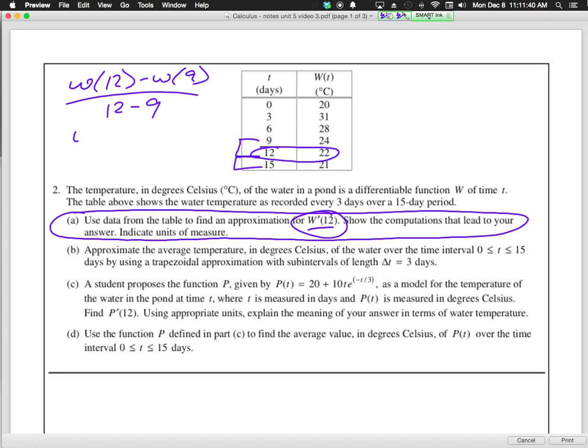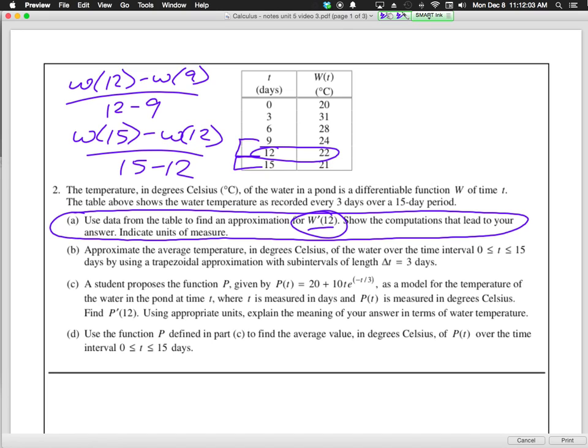I could also do W of 15 minus W of 12 over 15 minus 12. Those are also acceptable ways of approximating. All those numbers will be different. That is correct. I thought you're having to do two IROCs.